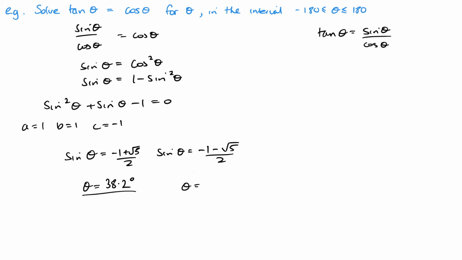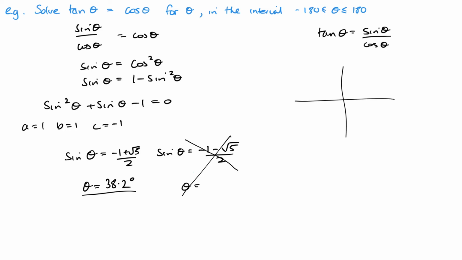Now in the second one, I can see that this is actually going to be a minus value. And in fact, once I put it into the calculator, this is a value that is minus 1 point something. So it's actually outside the range of sine. So this is not possible. So we've just got one set of answers to find.